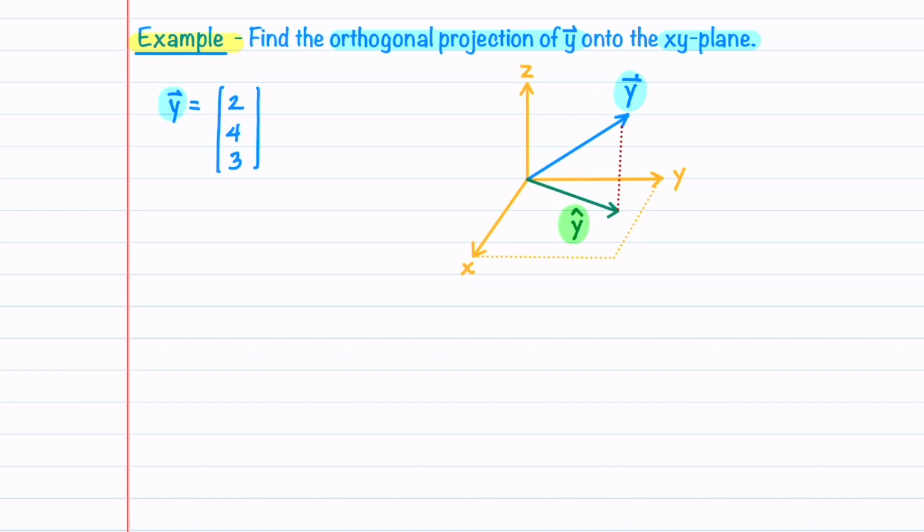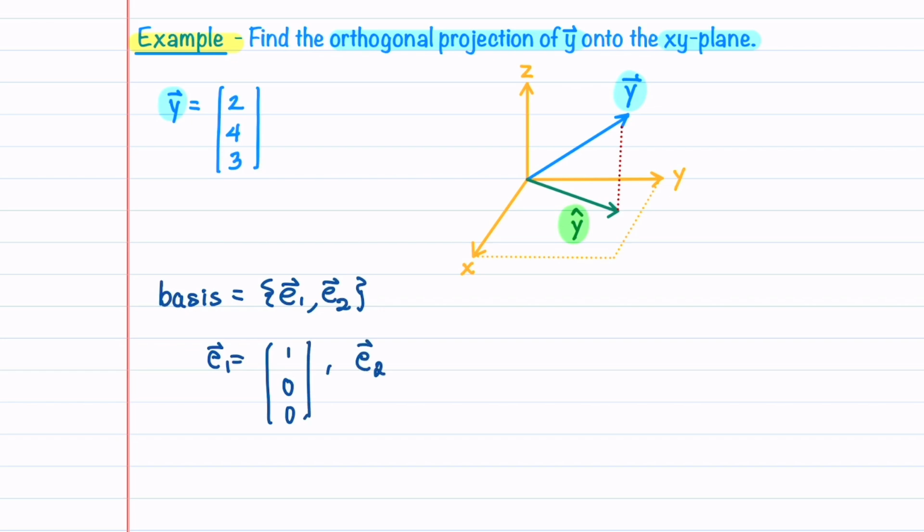Our orthogonal basis is just going to be our standard basis vectors e1 and e2. E1 is the vector 1, 0, 0, because we're in R3, and then E2 is our vector 0, 1, 0.